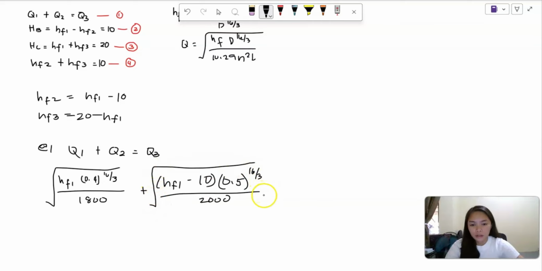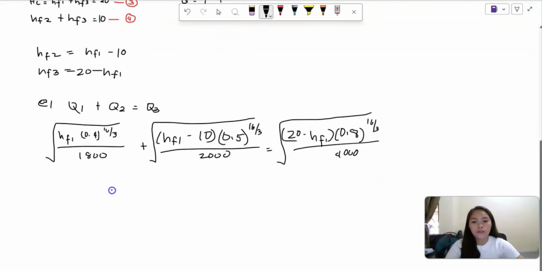Then square root equals 20 minus HF1, this is from this equation, times the diameter of pipe 3 raised to 16 over 3 over the length of pipe 3, which is 4,000, then square root. So now we can identify the value of HF1. If we input that in our calculator, then shift solve, we can get 16.2 meters.